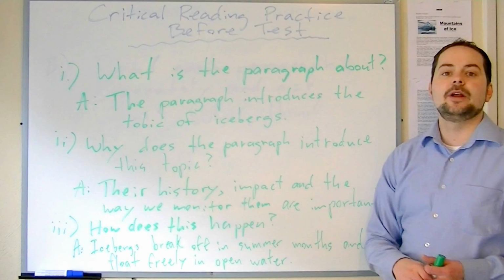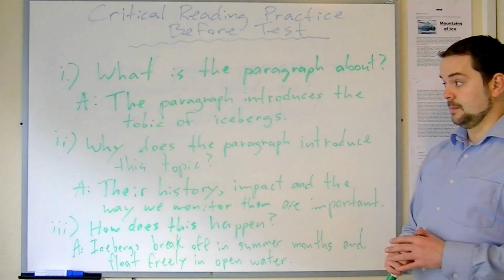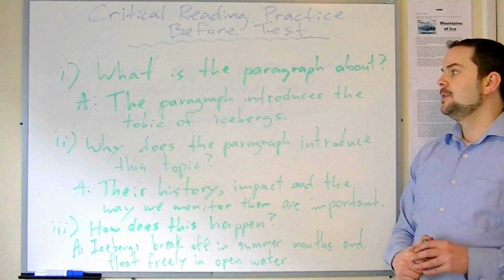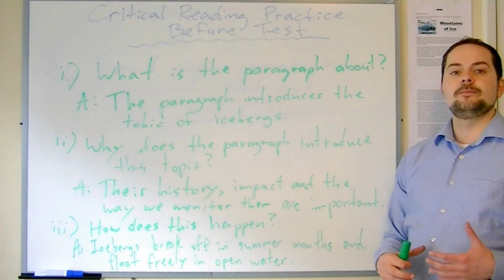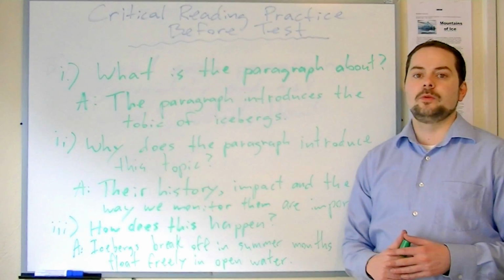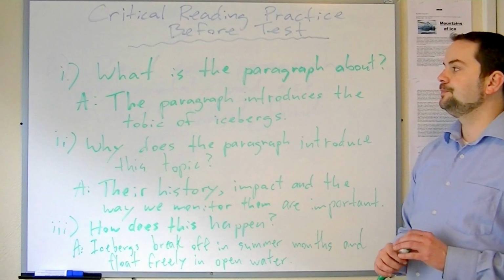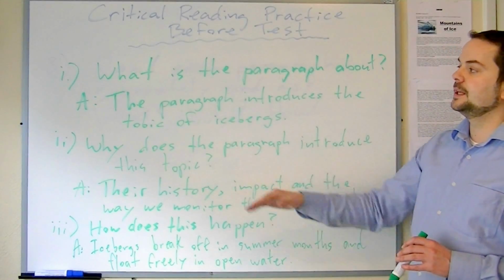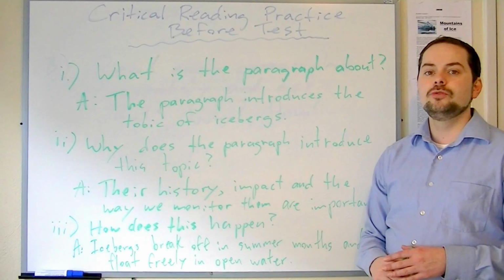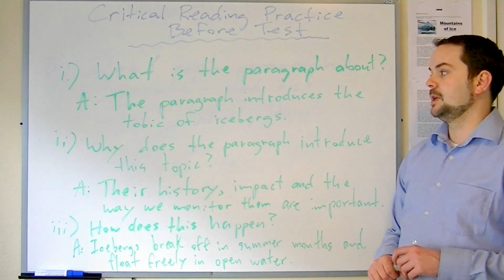And then it tells us we're around Greenland and Antarctica. Great, so now we can be sure that we truly understand this paragraph. The difficulty is when we're reading, in many situations, we think we understand what we read, but there's no guarantee. So with this critical reading technique and practice, you can make sure that you truly understand what you're reading and you're not just thinking that you understand what you're reading.